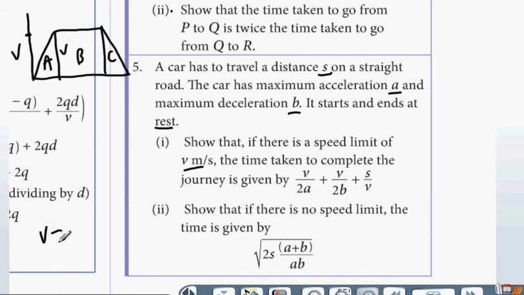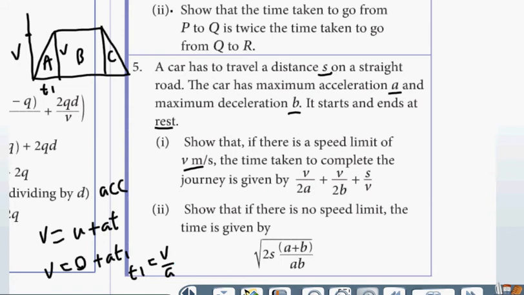So for the first section, which is the acceleration section, v equals u plus at. v is v, u is 0, acceleration is a, so it's at. So we'll call this t1. So at1 equals v, and t1 ends up to be v over a, which is grand, right?